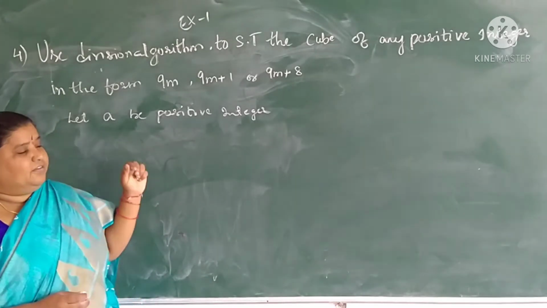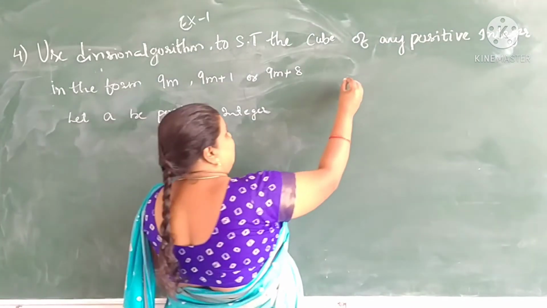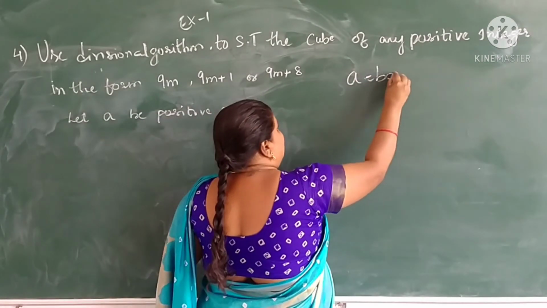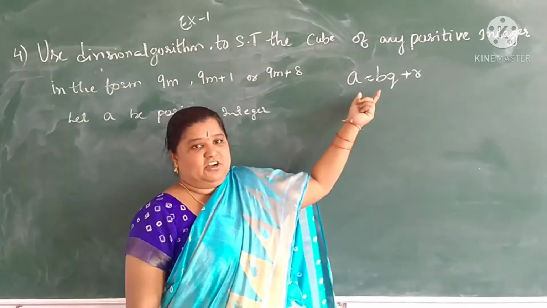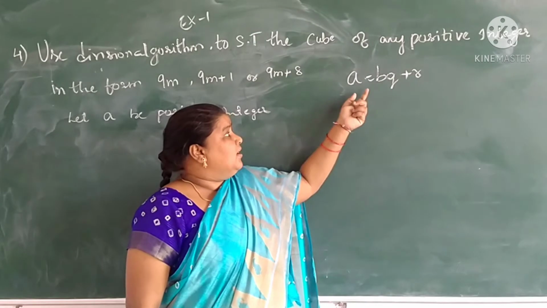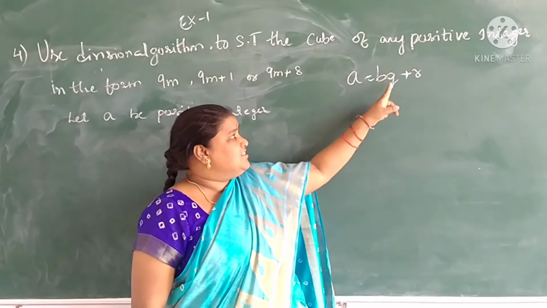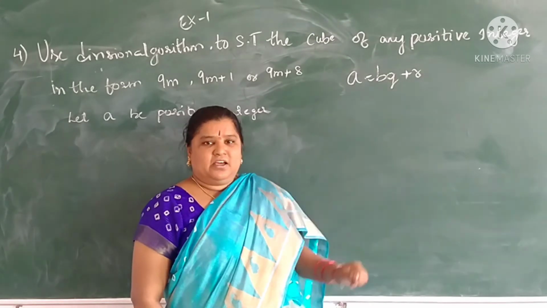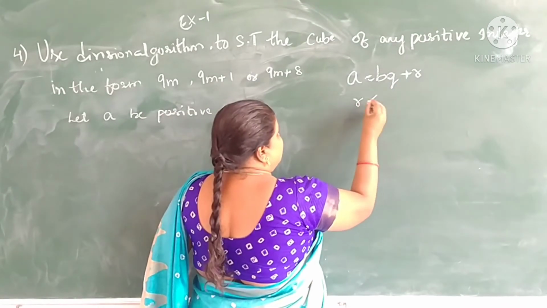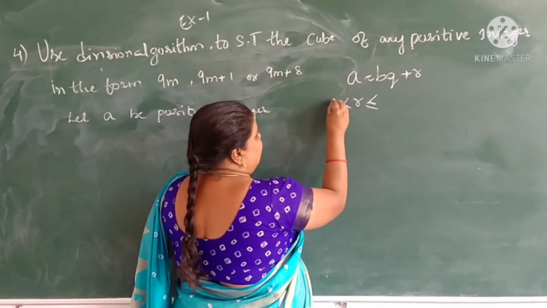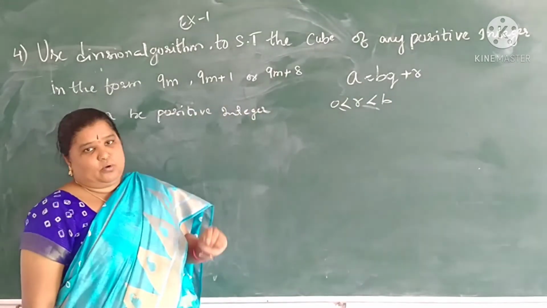By the division algorithm, a is equal to bq plus r, where a is the dividend, b is the divisor, q is the quotient and r is the remainder. One more condition is that r should be greater than or equal to 0 and less than b.